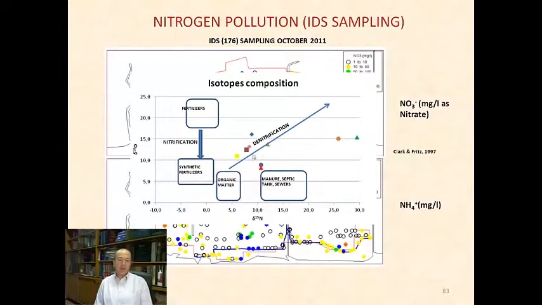At the same time there is a denitrification line along this arrow. The first samples we had in our system are related to integral sampling. So we sampled water from long-screen monitoring wells, and we saw different situations which lead to the identification of a sort of denitrification activity inside the aquifer. This is of course for nitrate.